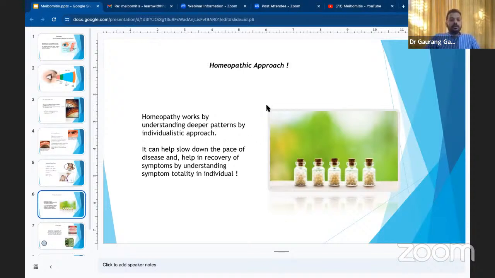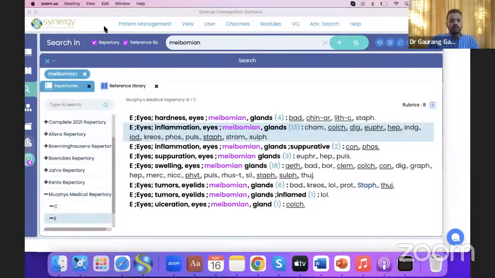All right. So I think Dr. Pushpa has already discussed the Meibomian glands and Meibomitis. That's what the topic is for today. And I think it would be a good idea to talk about some important homeopathic approaches and remedies in it.